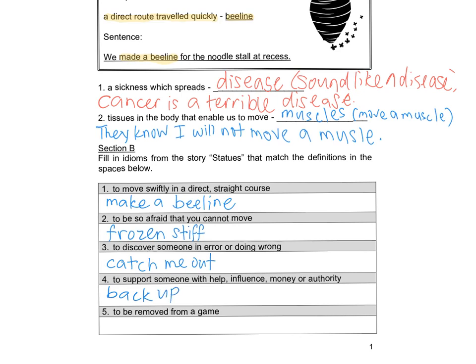Number 5, to be removed from a game. That would be out. Now remember I explained to you this word out has a figurative meaning. It means to get out of the game and not to go out of the house or to just walk out of the room or the classroom. I hope you understand that.